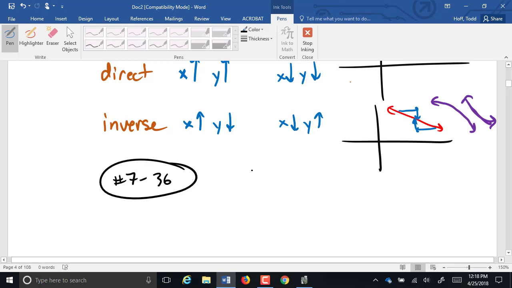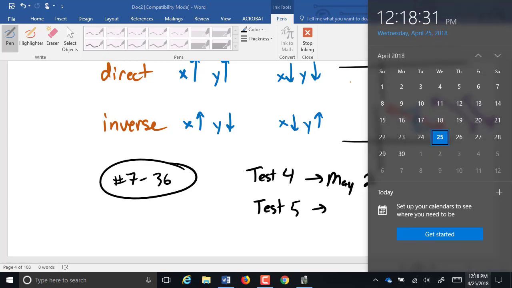Our next test is May 2nd. Test 4 is on May 2nd. Test 5 is going to be on May... I've got to pull up my calendar here so I actually get the dates. Technically, our last class is on May 16th. We will do our last test on May 14th.